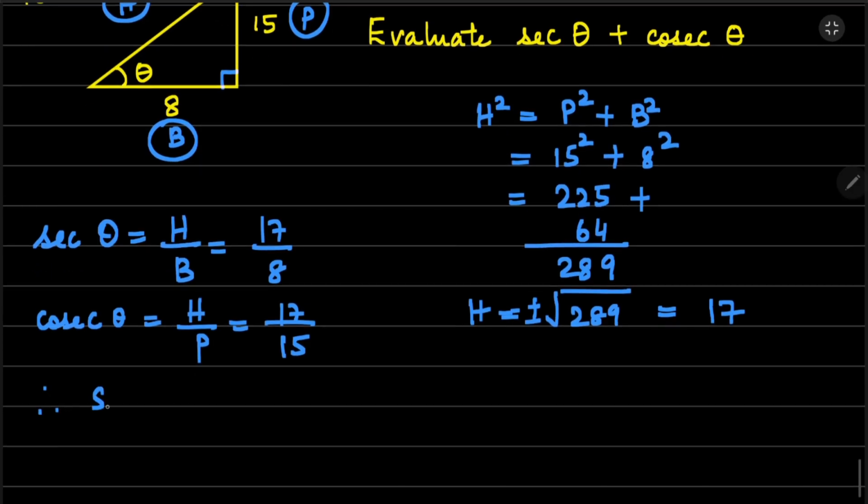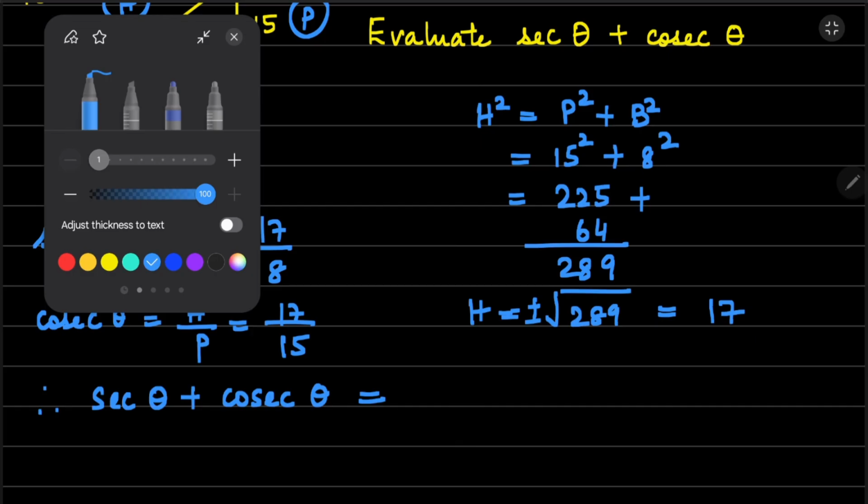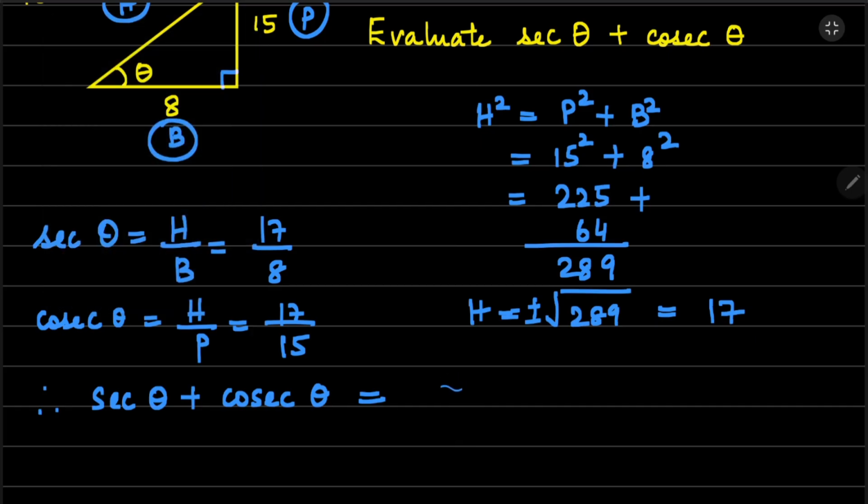Okay, therefore you can write secant theta plus cosecant theta is equal to, what is secant theta? 17 by 8 plus 17 by 15. If you take the LCM, you just have to multiply it by 15. You will get 120.